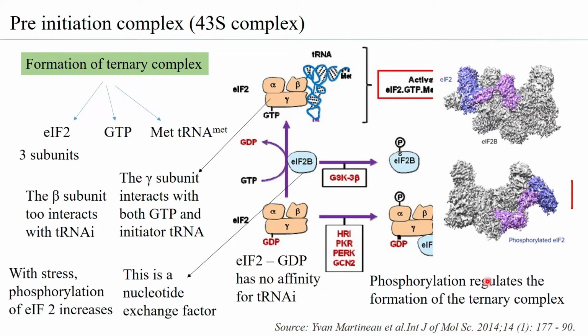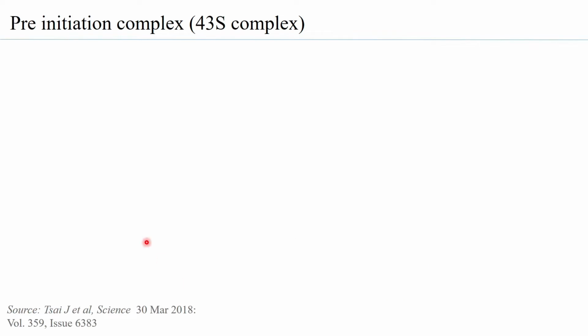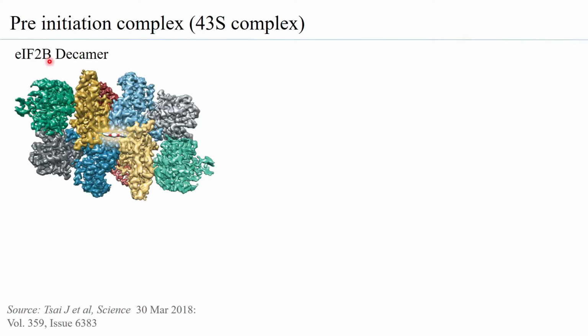To look into it a little, with stress, what has been observed is that the phosphorylation of EIF2 increases. To look at it a little further, EIF2B exists as a decamer. So basically, you have EIF2B present in such a way that there is a doublet of every subunit, which means that you will have 2 alpha.